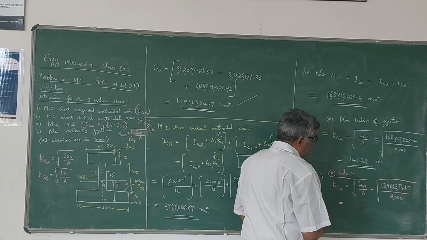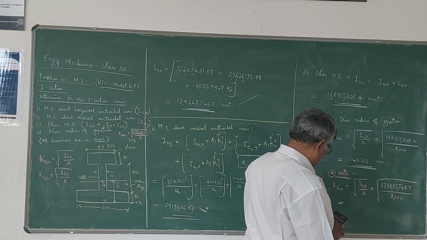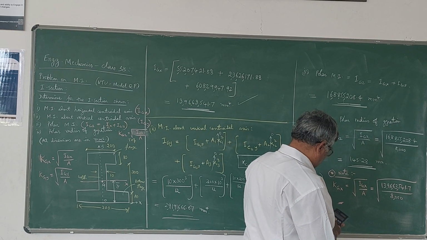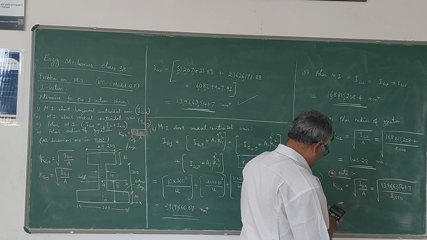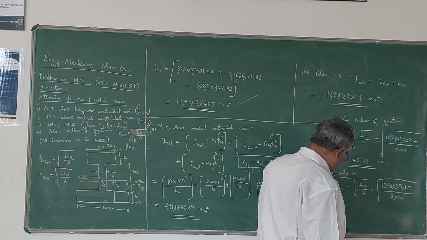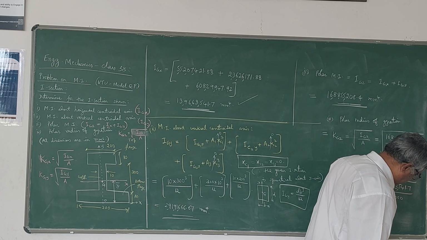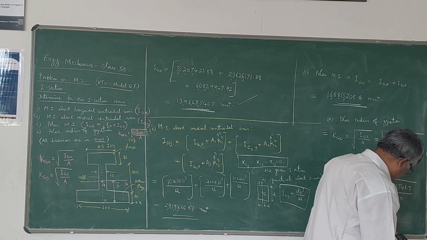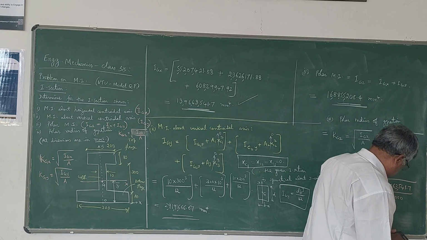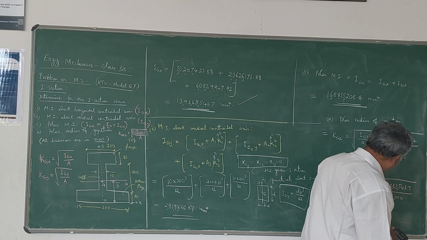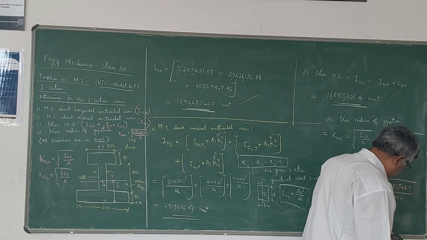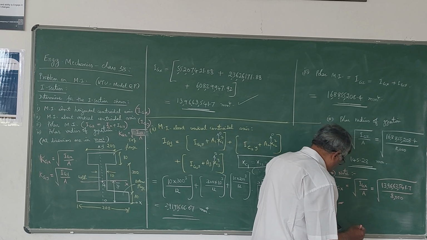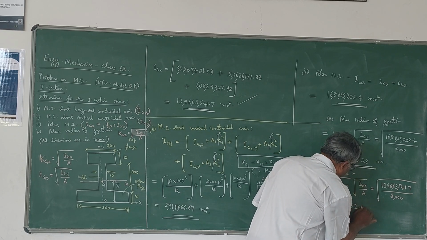So 139663541.7 divided by 8000, under root, comes out to be 132.129 millimeters.